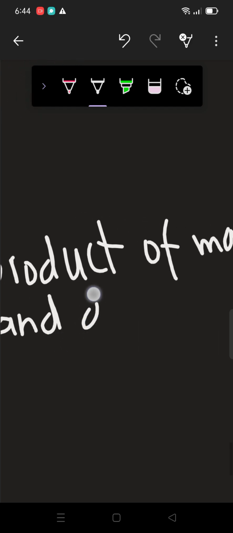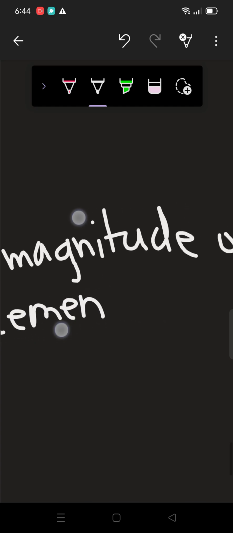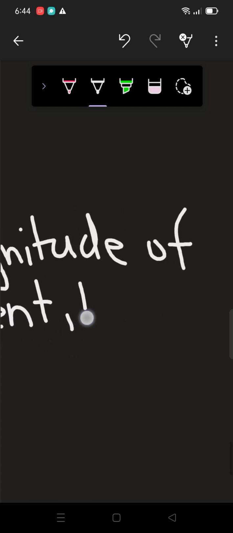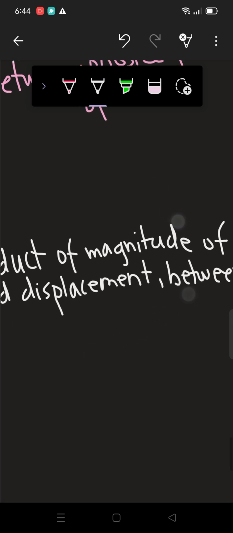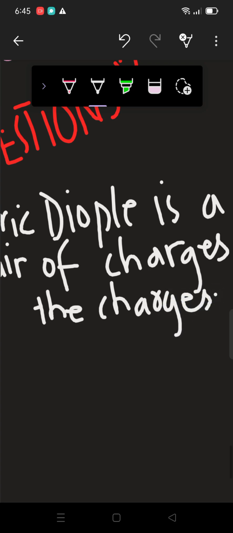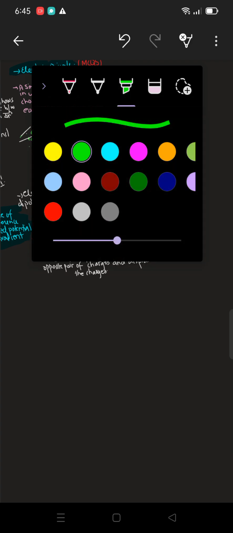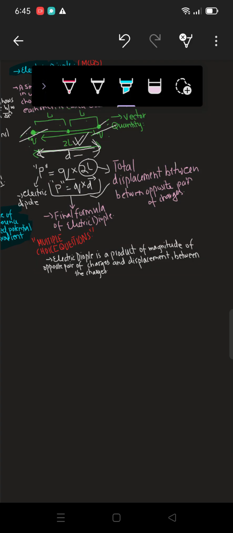That is what we call the electric dipole. So here we have got another definition for the electric dipole.